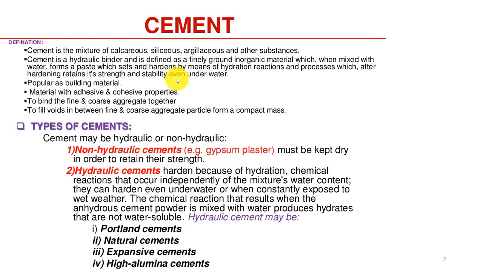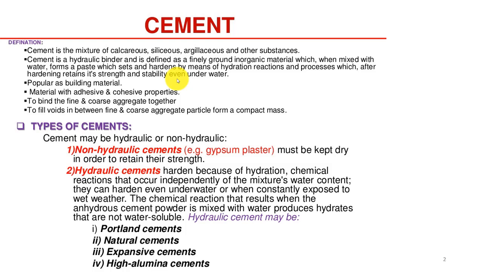These cements may be like gypsum plaster or plaster of Paris type cements that do not require any water for hydration. The hydraulic cements, the normal conventional cement I am talking about, require water for hydration.